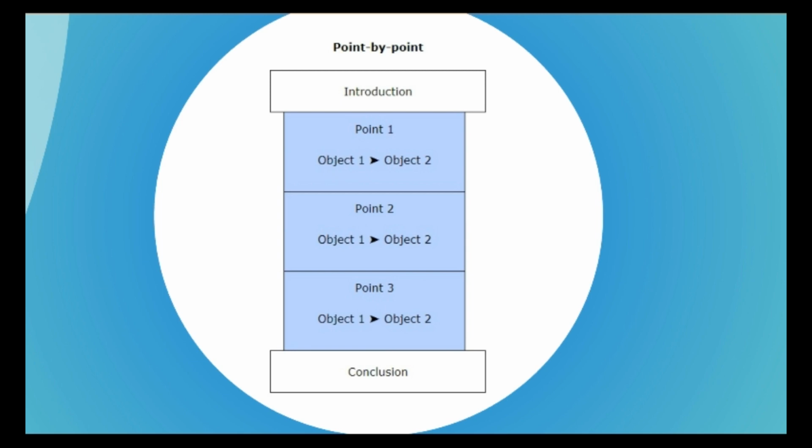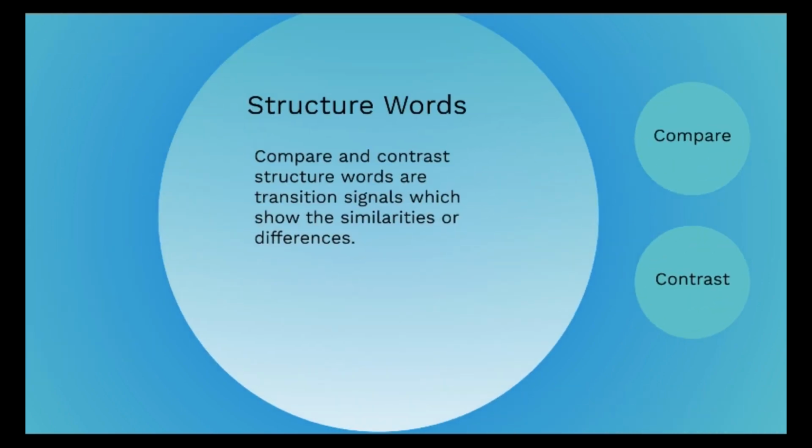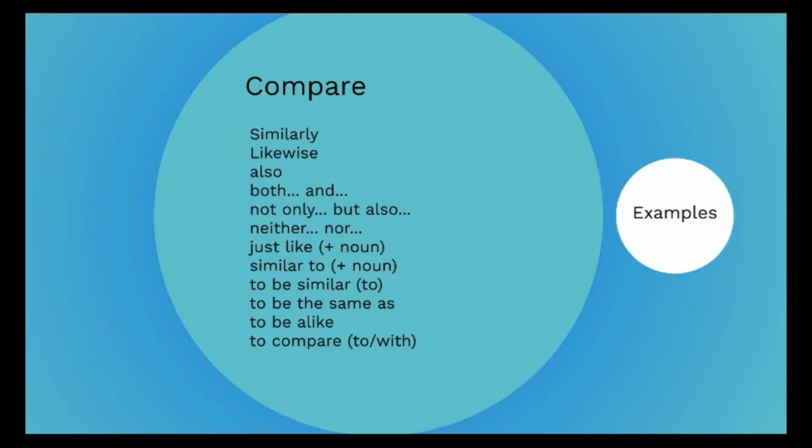So let's look now at compare and contrast structure words. Compare and contrast structure words are transition signals which show the similarities or differences. The following are some common examples. First, compare structure words.